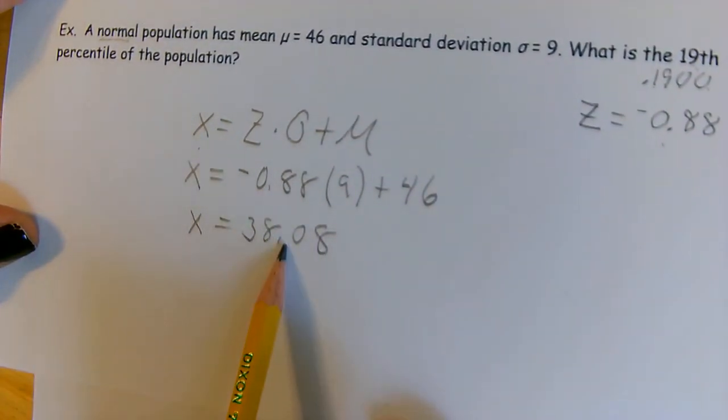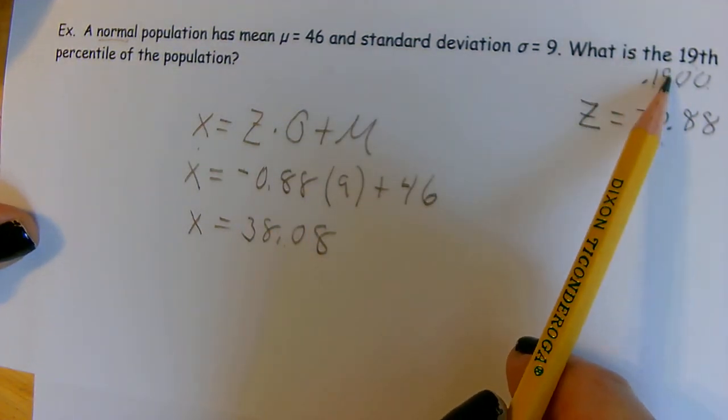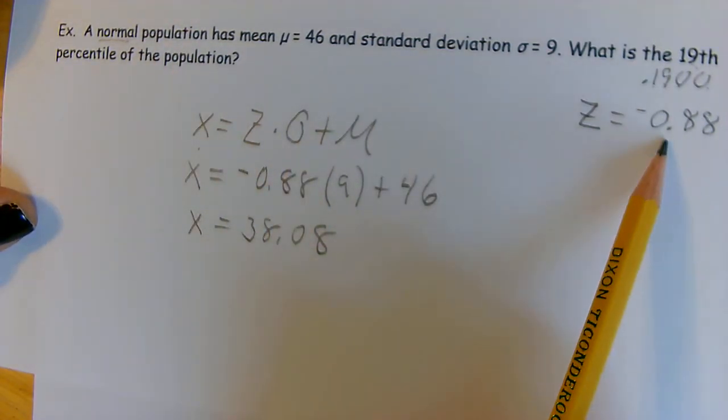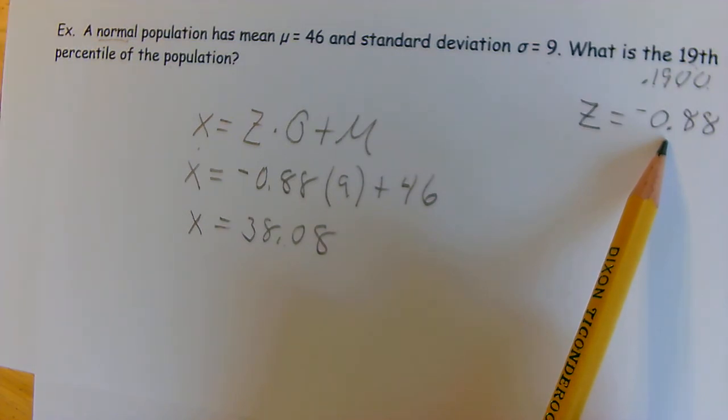So 38.08 is 19% of the way of this distribution. It's the data value that's 0.88 standard deviations below mean.